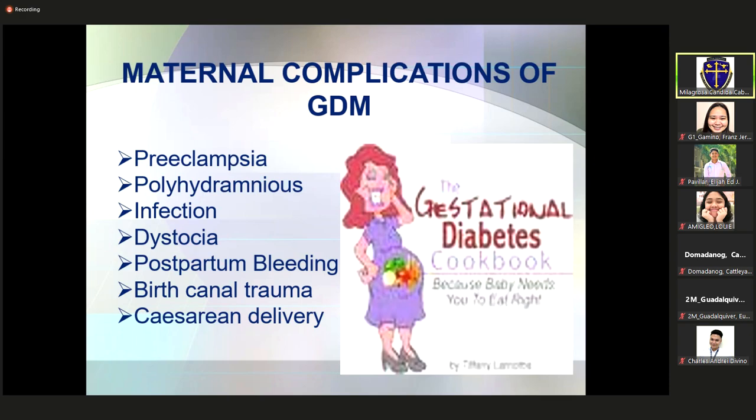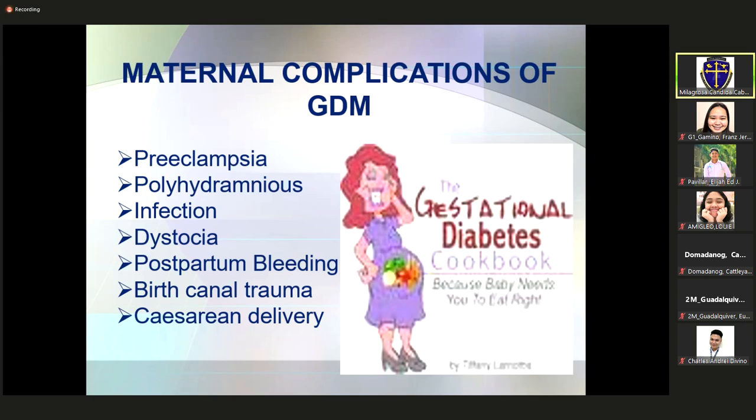So it can readily happen. So postpartum bleeding po tayo, or sometimes na overstretch na po yung uterus ni mother, so hindi na po siya gumanang kumontract. So the mother experiences uterine atony, which can lead to postpartum bleeding po.